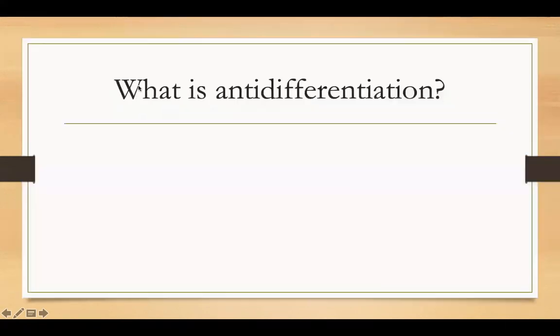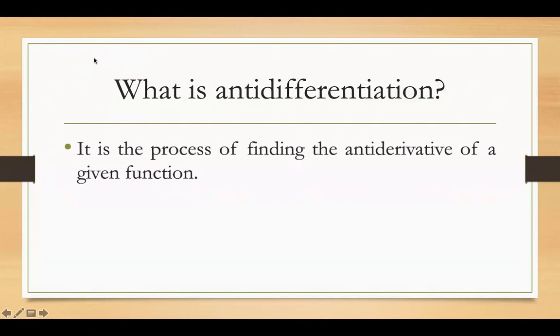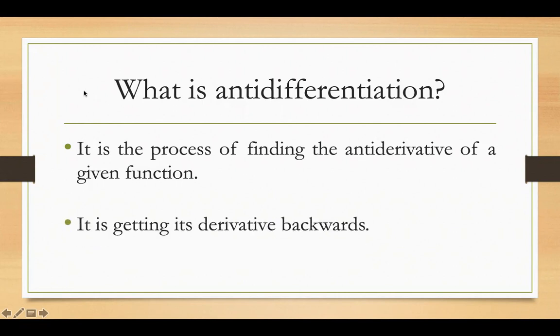Let me provide you its definition. It is the process of finding the antiderivative of a given function. I know it is still quite complicated to understand, so in layman's terms, the easier way to understand the concept of anti-differentiation is that it is getting the derivative backwards.